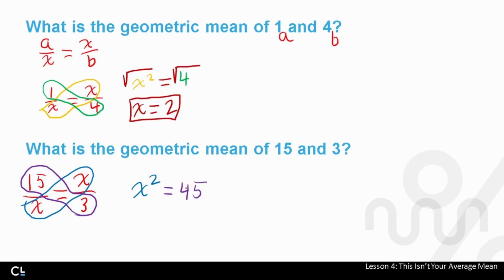But there isn't a whole number that multiplies by itself to give me 45. And that's what this square root is, right? So on my left side here, we're fine. The square root and the square cancel here, right? We're left with x equals, and on my right side, we have to take the square root of 45. In order to do this on your phone, I have an iPhone, and I believe it works on Android too.